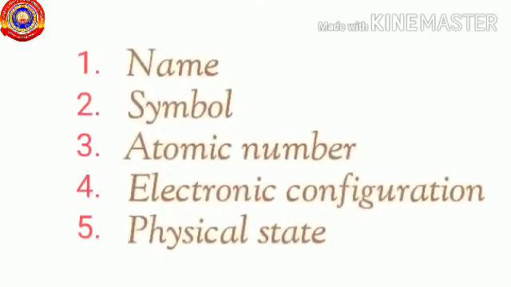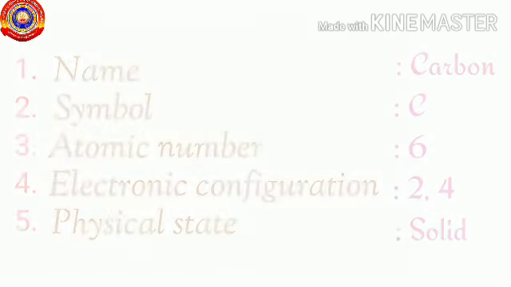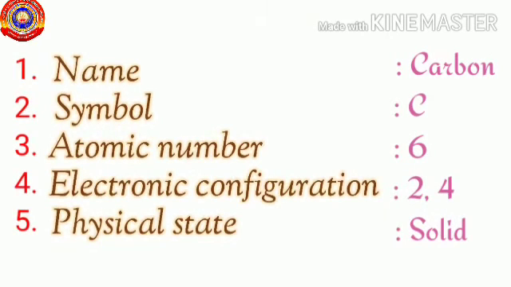From the periodic table, we can gather information such as name, symbol, atomic number, electronic configuration, and physical state of an element. So, using this information, can you find the facts related to the element carbon in the periodic table?